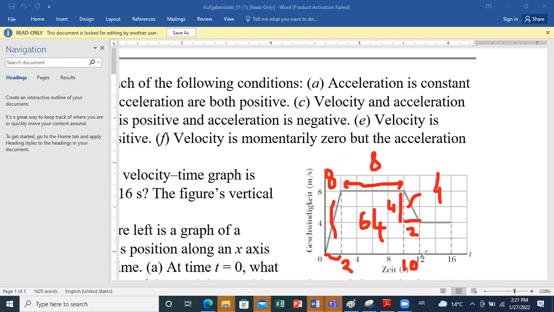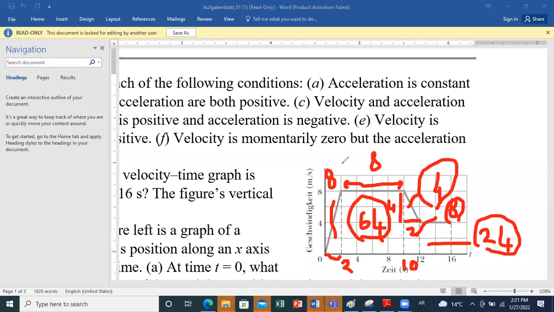For this small rectangle, you have 2 times 4, which is 8. And finally, this rectangle, you have 4 times 6, which is 24. So in total, you have 24 plus 8 plus 4 plus 64 plus 8. This is how you get the total distance in meters.